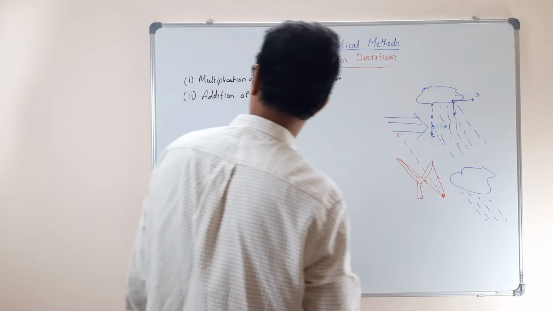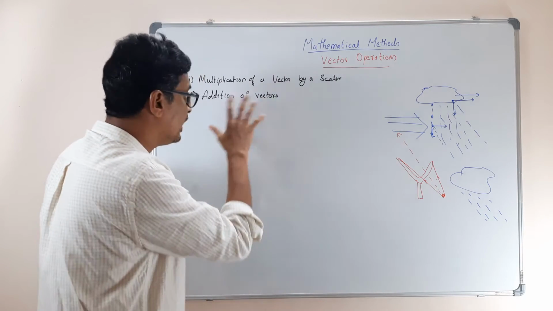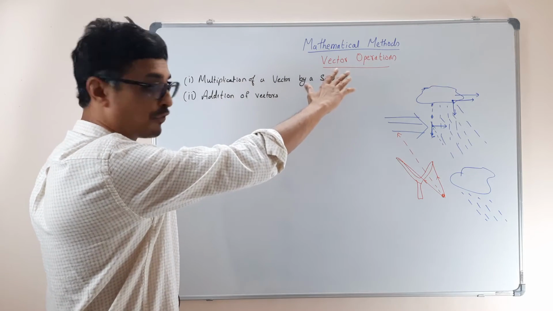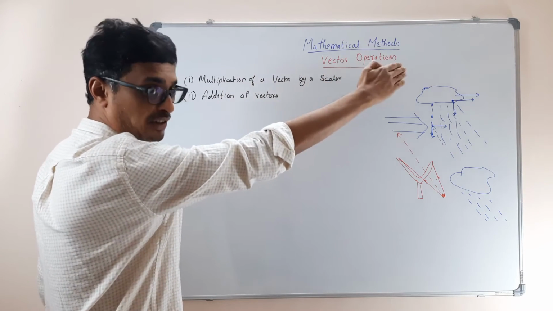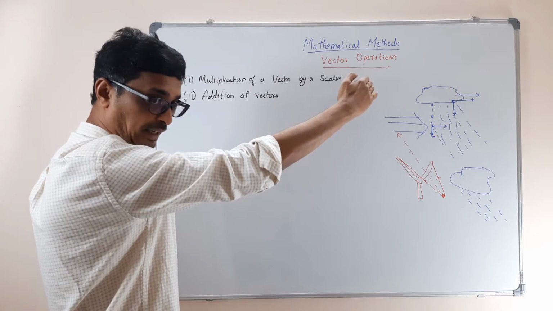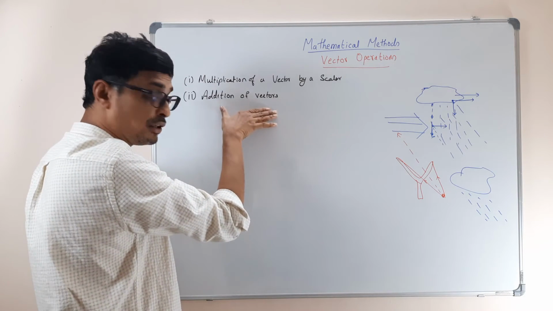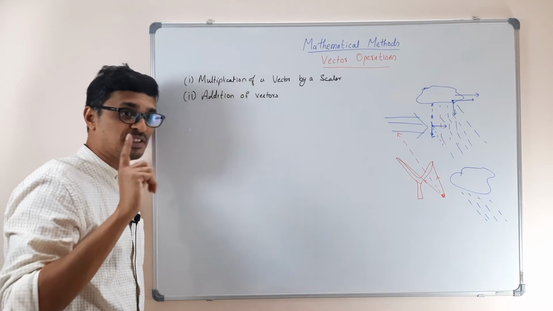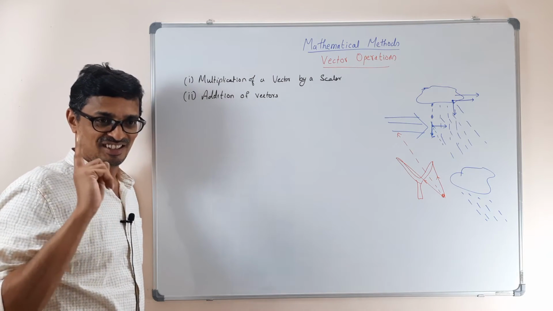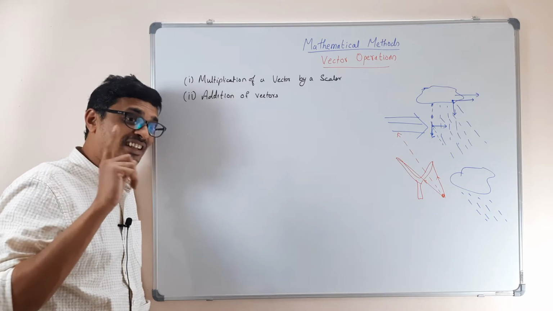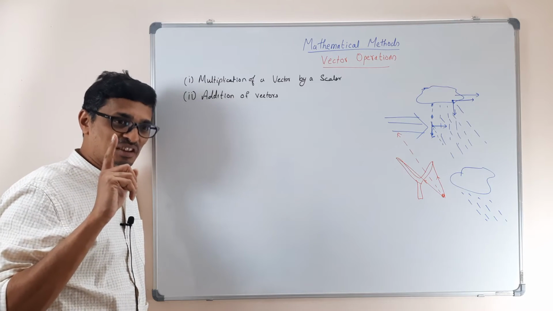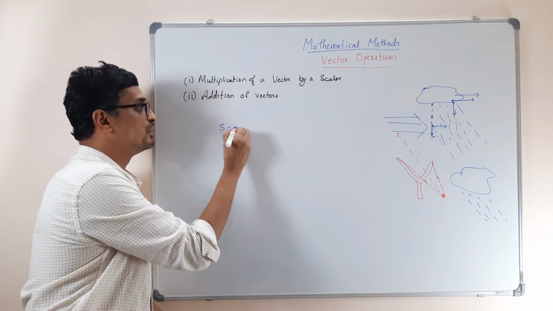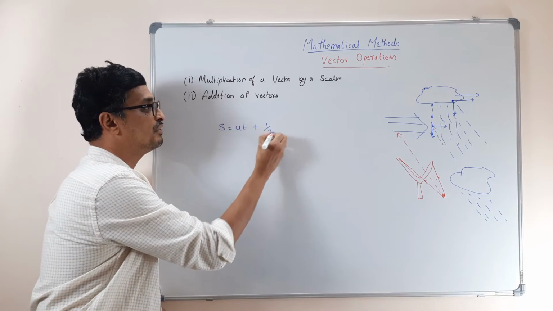One thing I forgot to tell you: when you are adding vectors, multiplication of a vector and a scalar is fine. We have seen force equals mass into acceleration. You can do that with any scalar. But when you want to add two vectors, both vectors should be the same physical quantity. You remember that we studied dimensional analysis also. If you remember what we wrote, S is equal to ut plus half at square.